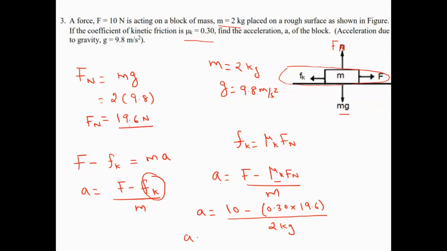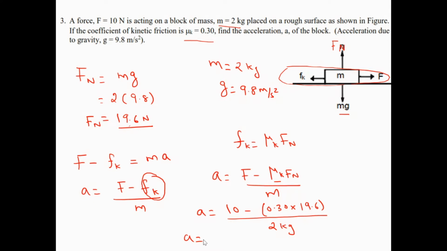Now please use your calculator. 0.30 multiplied by the normal force 19.6 gives you 5.88.